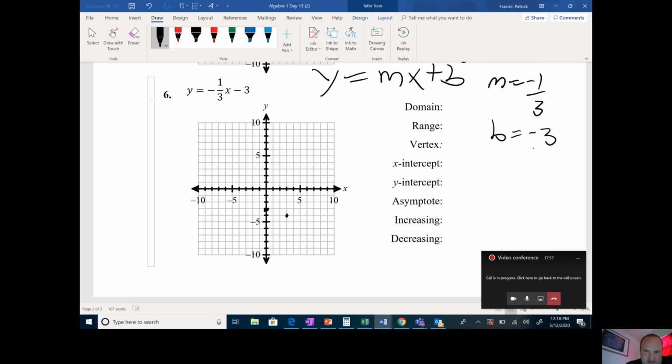If we plug in, let's see, y equals negative 1/3 times 3 minus 3. Well, these 3's cancel each other out.